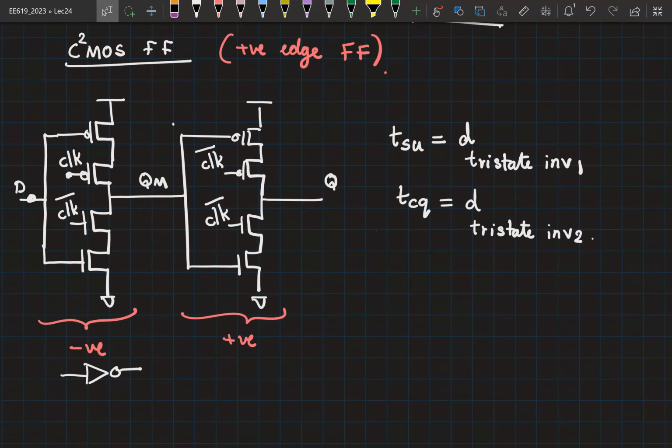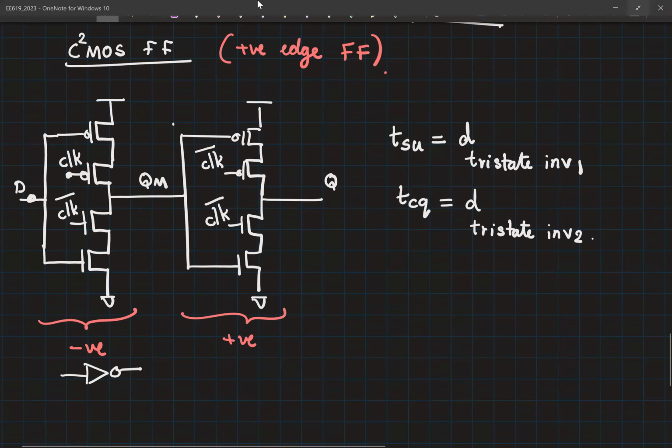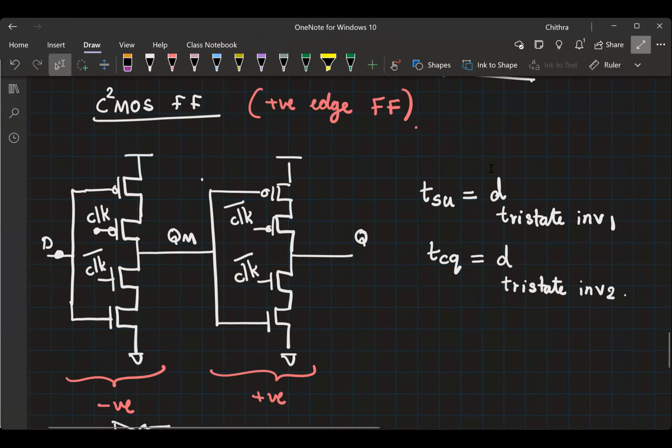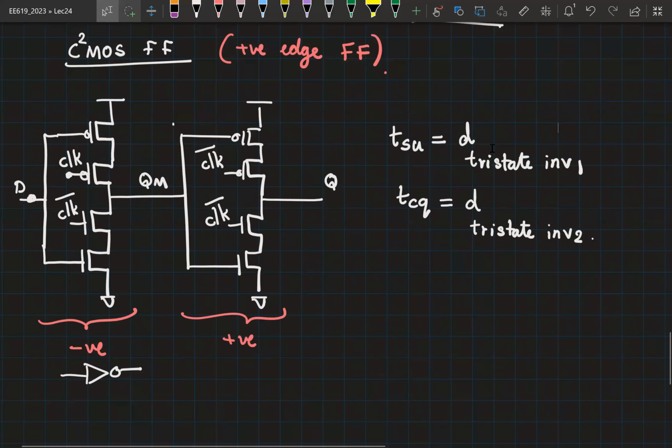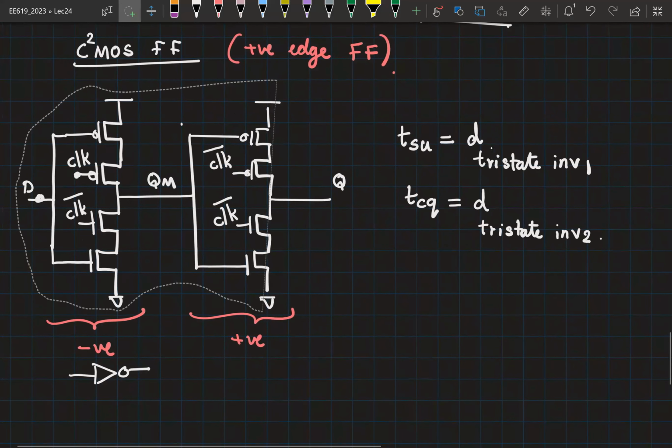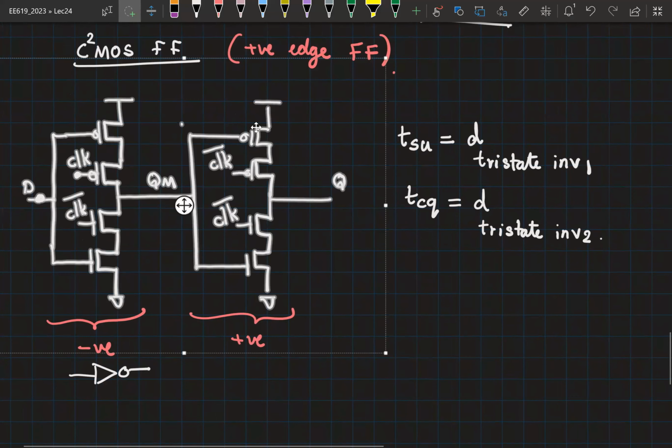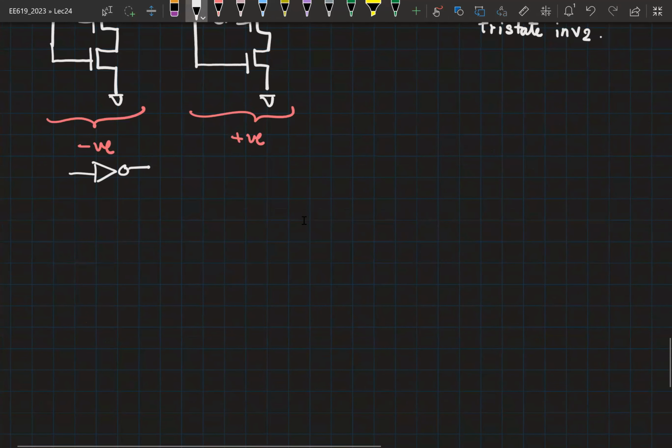Analyze for the non-sampling edge first, and feel free to discuss with your friend. So we'll first analyze for the non-sampling edge.